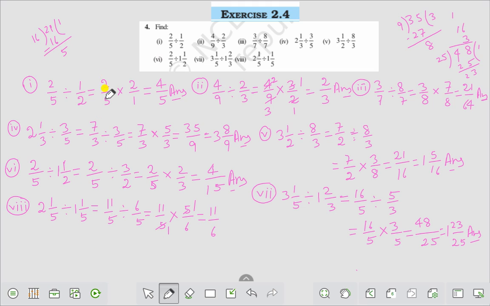Now if we divide 11 by 6, we are getting 6 ones are 6, remainder 5. That is 1 whole 5 by 6. The answer is 1 whole 5 by 6. This is the answer, right?